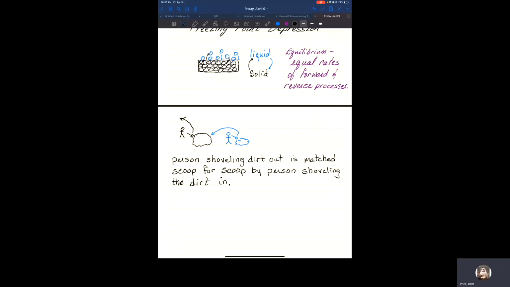And let's do this. Instead of just one scoop, let's do a bunch of scoops. Let's do 5 scoops. Maybe 4 scoops. That's what I got room for. Okay. So again, matching scoop for scoop.